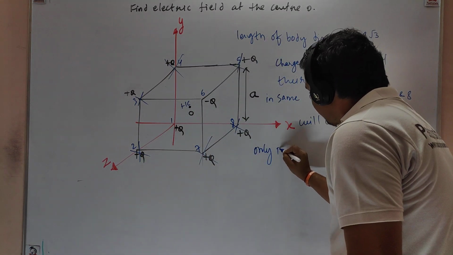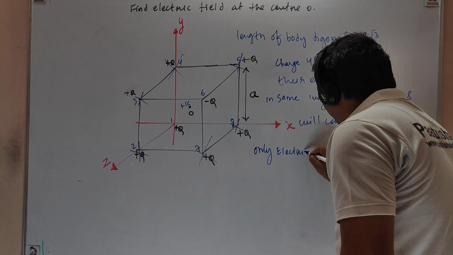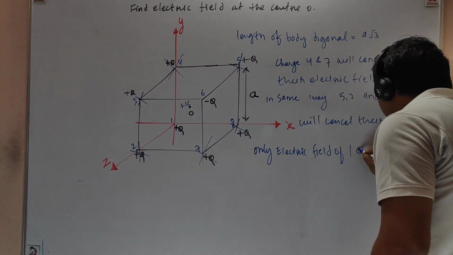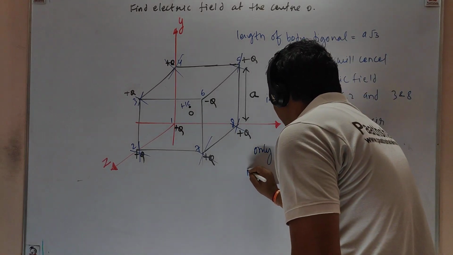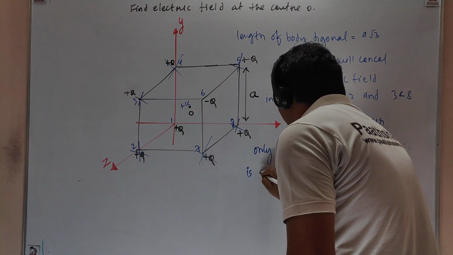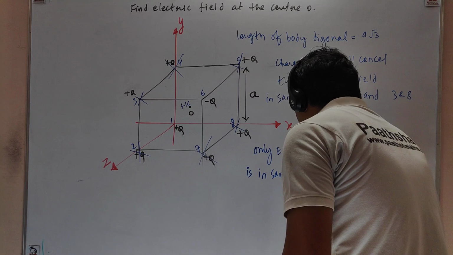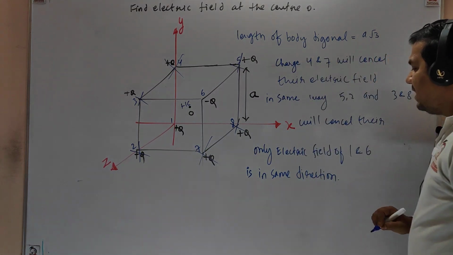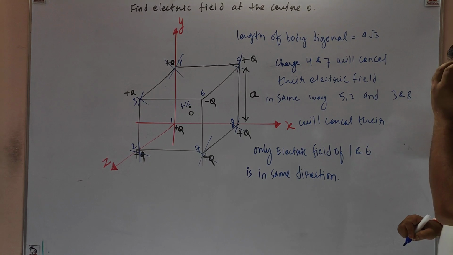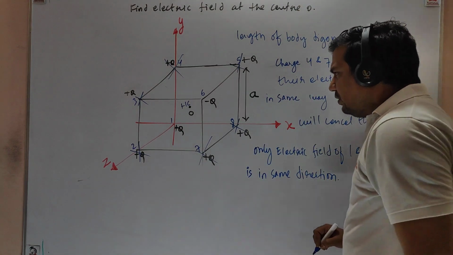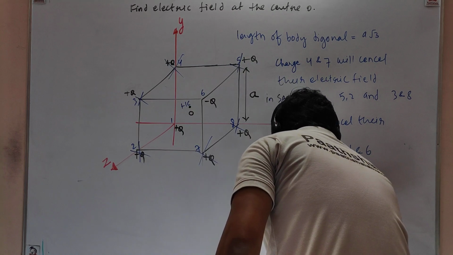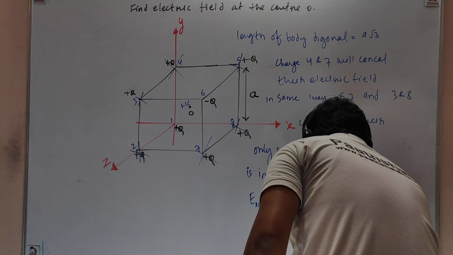Only the electric field of 1 and 6 is in the same direction. So E net at O is equal to the electric field due to 1 plus the electric field due to 6.